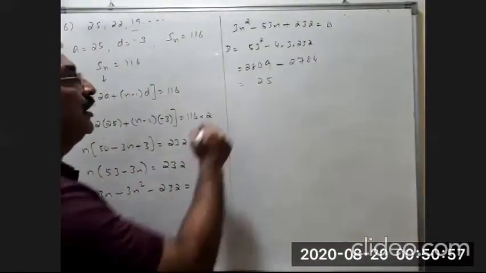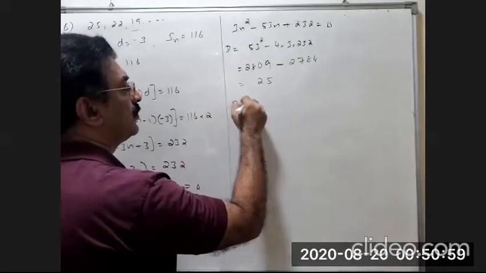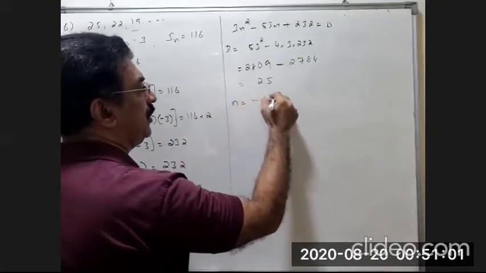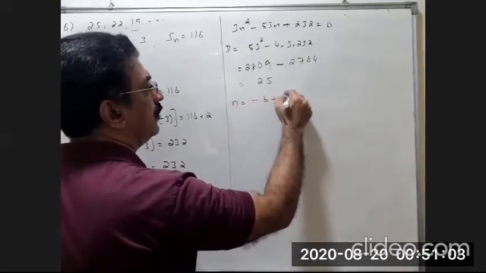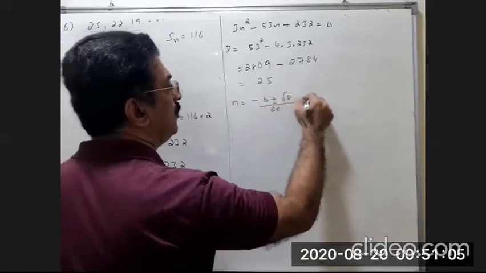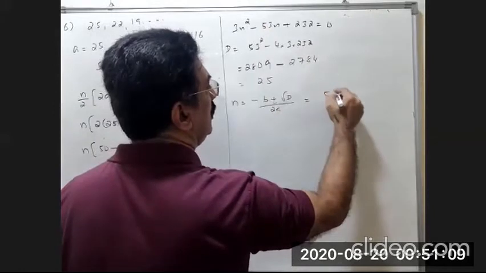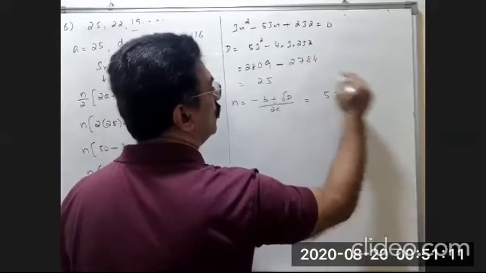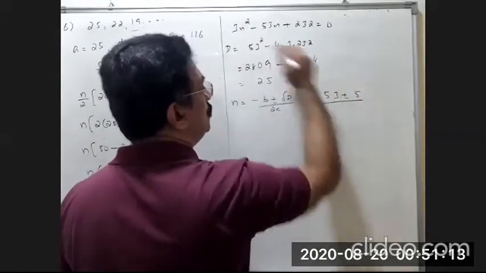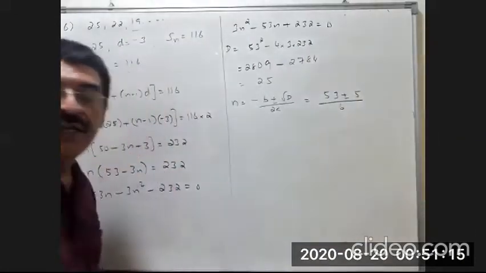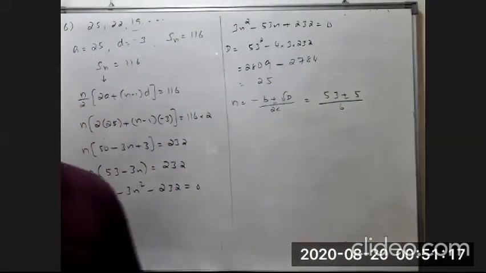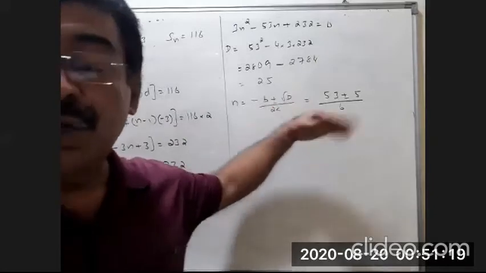So now n is equal to minus b plus or minus root d by 2a, which is 6. Minus b becomes 53, so 53 plus or minus 5, by 2 into 3, which is 6. Solving a quadratic equation you learned last year. You don't have to show it in detail.